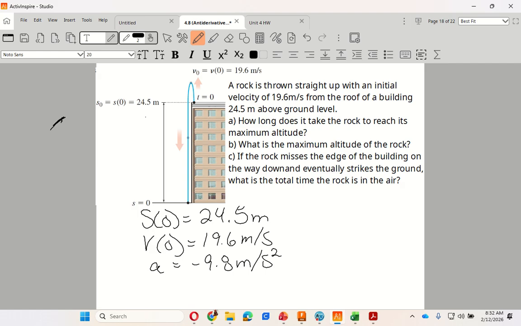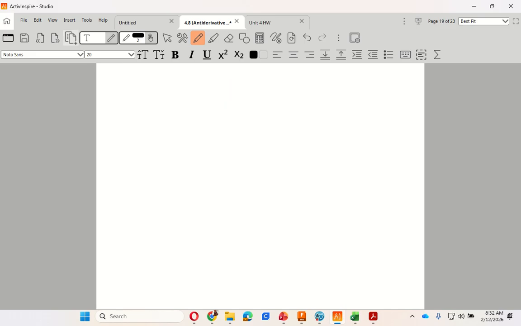To know, yeah, okay. All right, so I'm going to start with my A. Now, I'm going to take the antiderivative of that. If I start with A, which is my acceleration, what comes before acceleration when I'm doing derivatives? Velocity.